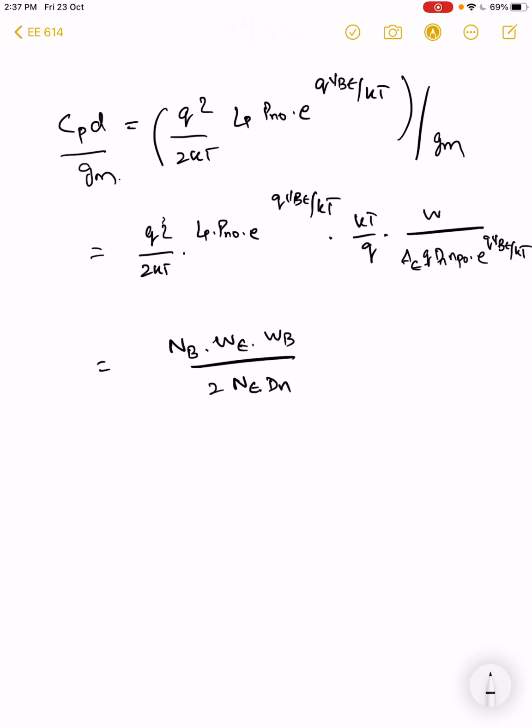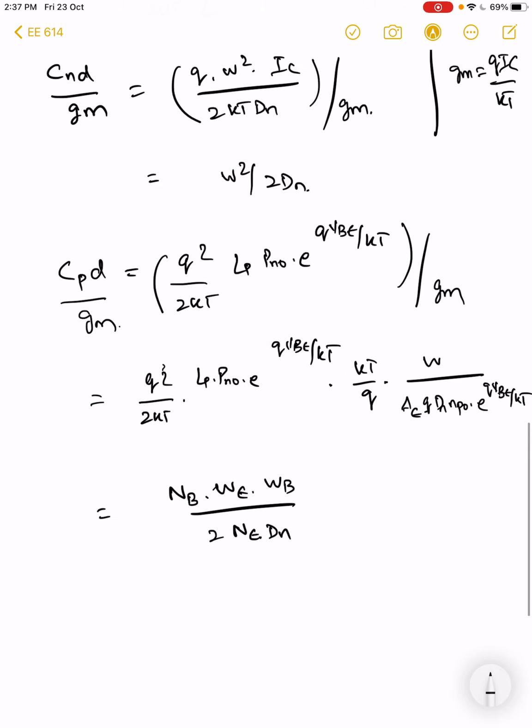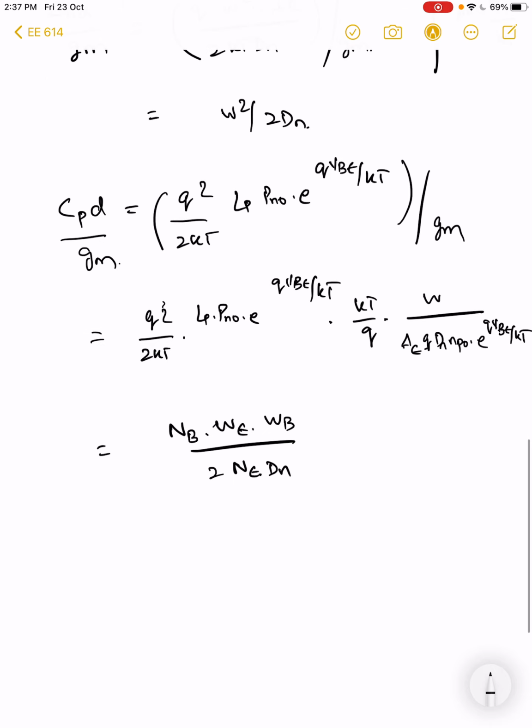You can see that even this falls very closely with our previous expression. If so, we write this as We Wb by theta Dn, and theta is obviously 2 Ne by Nb.